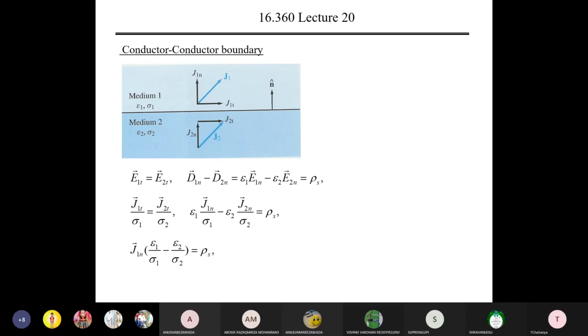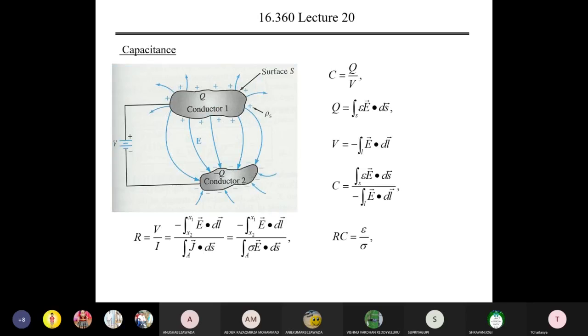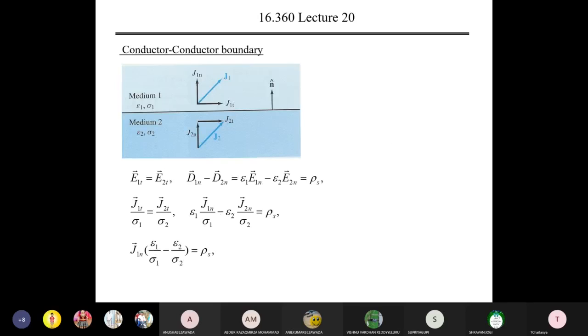You can take out the J value, Jn1 and Jn2 can be the same. Then epsilon 1 divided by sigma 1 minus epsilon 2 divided by sigma 2 can equal rho s. This is the condition, with the tangential value and the normal value, for the boundary condition when both mediums are conductors.